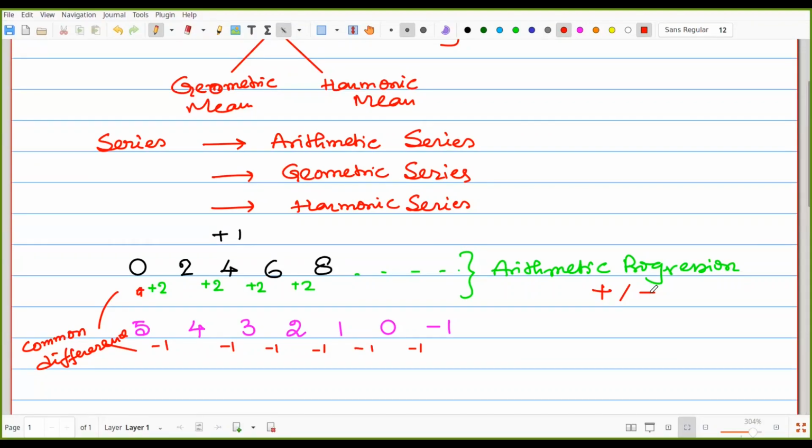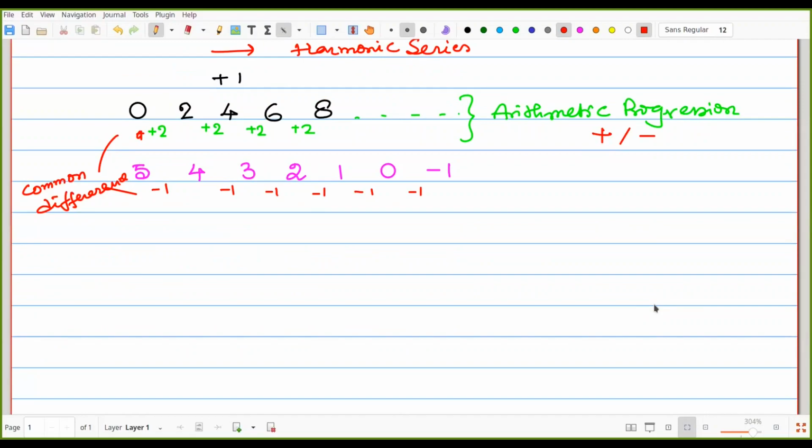Next one is the geometric progression or geometric series. In the case of geometric progression, the multiplication and division operators are involved.